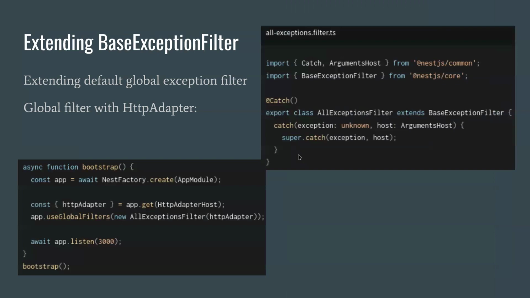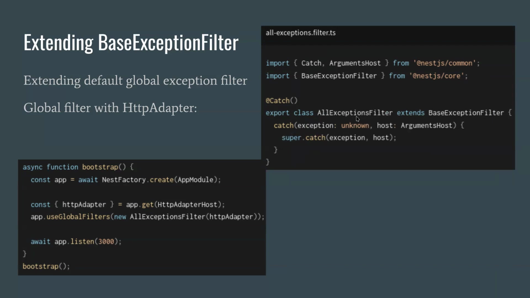Extending base exception filter. In some cases, you may want to extend the default global exception filter to add custom behavior while still leveraging the base filter's functionality. By extending the base exception filter class, you can override the catch method and include your custom logic.